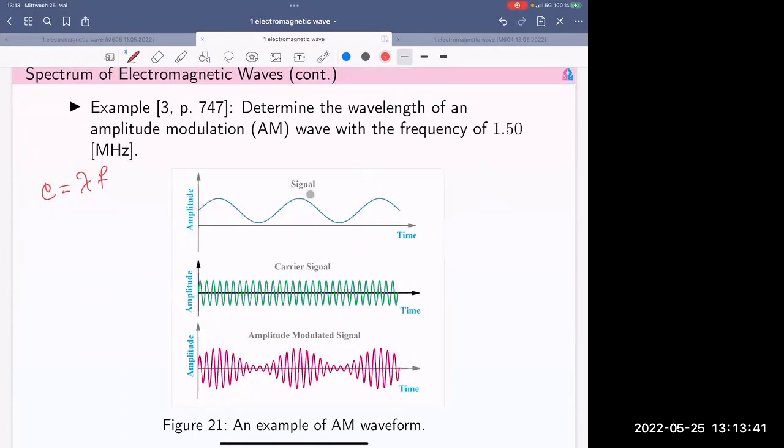If this is the signal you want to transmit, let's say information bit 1 or bit 0, whatever information you want to transmit, it may also be a part of an image or video or something like that. And here you have a carrier signal. It has a constant frequency.